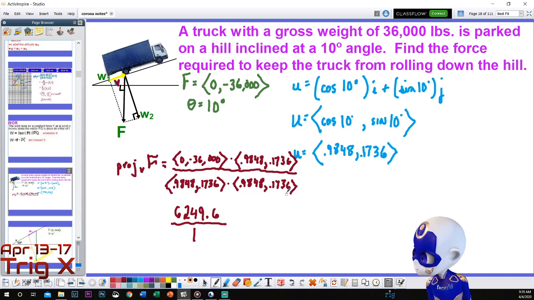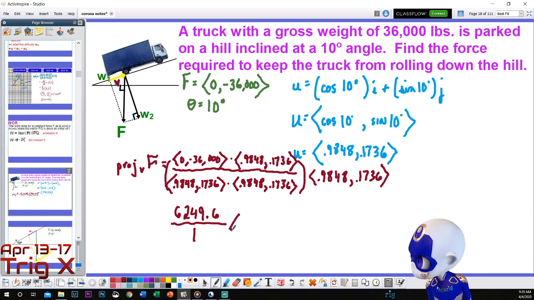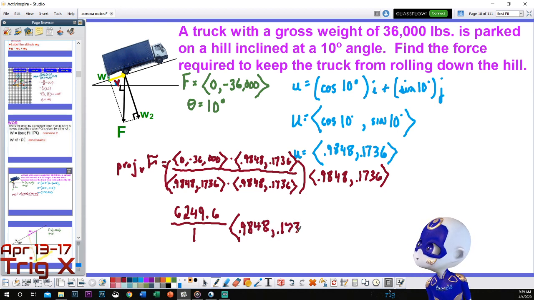So for my final answer, I would take all of this times my original vector that I started with, the 0.9848, 0.1736. Alright, now before you go nuts and multiply through that scalar, I'll tell you, we don't even need to do that. Remember, our whole goal was to figure out how much force is going to be required to keep the truck from rolling down the hill.